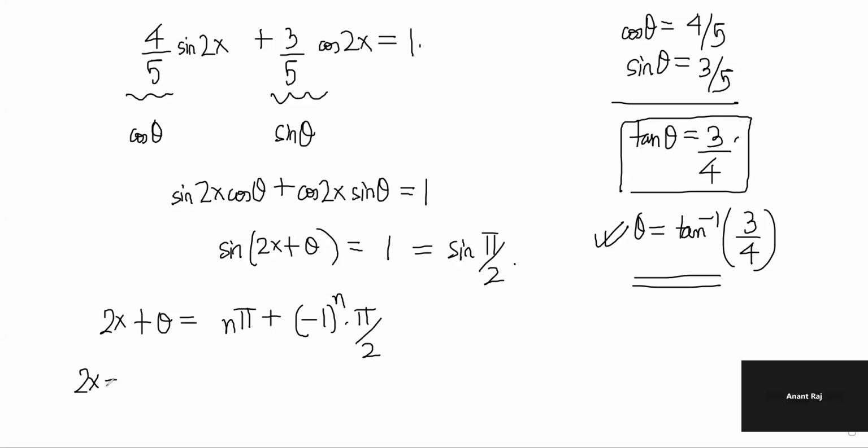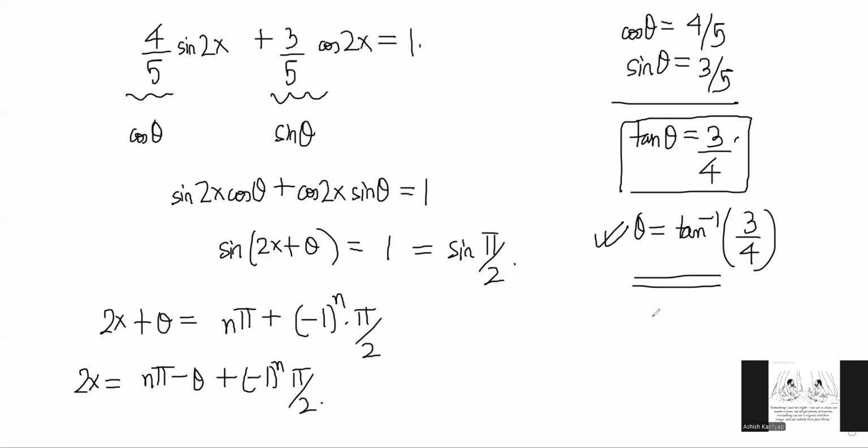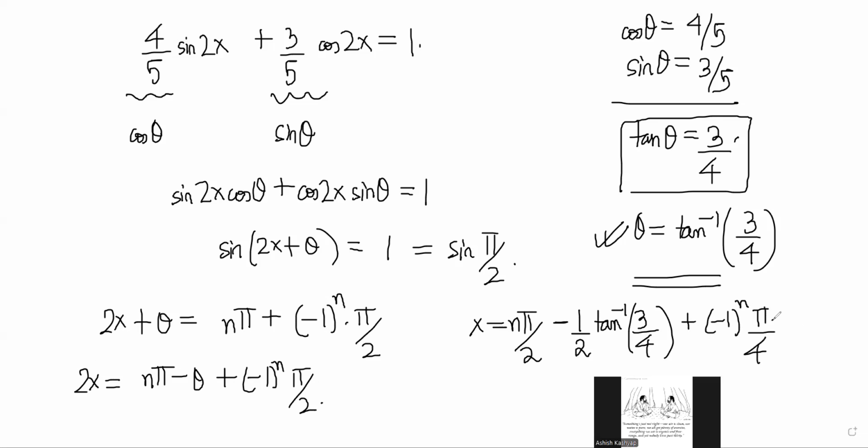Yes, sir. 2x is going to be n pi minus theta plus minus 1 power n into pi by 2. So x is going to be n pi by 2 minus theta by 2. So half of tan inverse 3 by 4 plus minus 1 to the power n into pi by 4. Yes, sir. That becomes your final answer, and that's how you solve the equation correctly without squaring or anything.